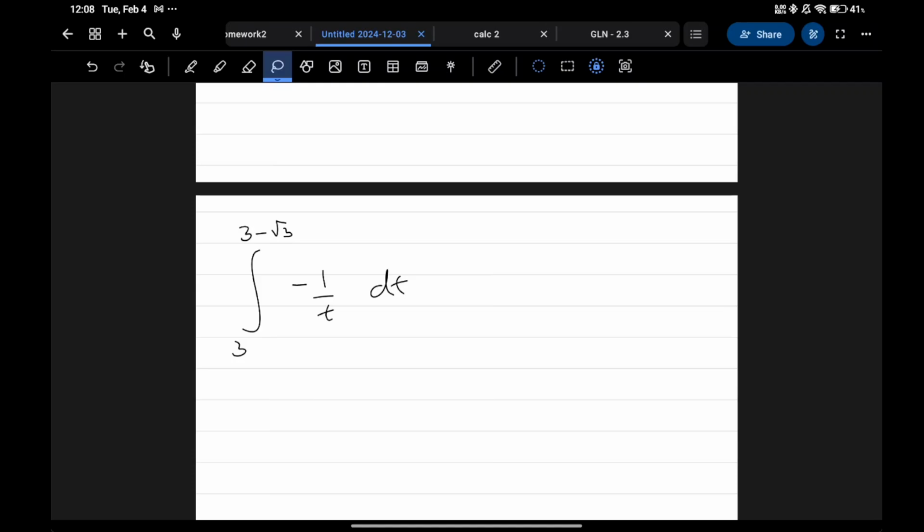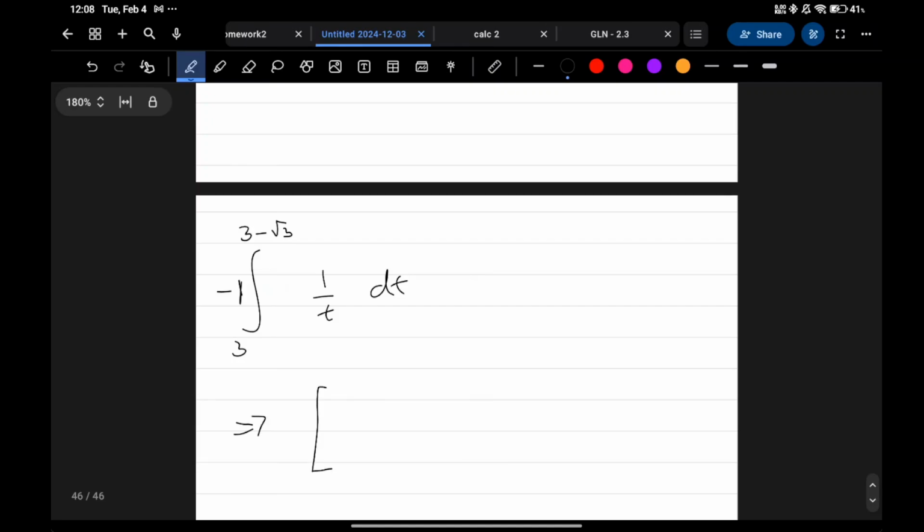Moving the constant out, precisely. So this becomes -1. Okay, now what's the entire derivative of log of absolute value of t?